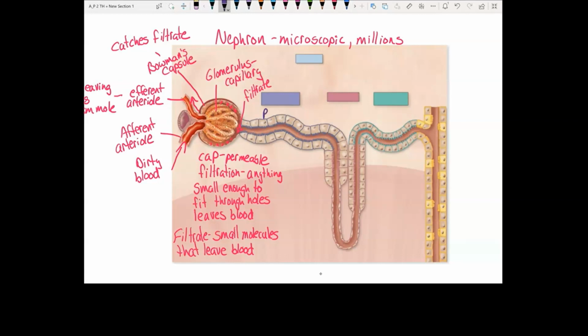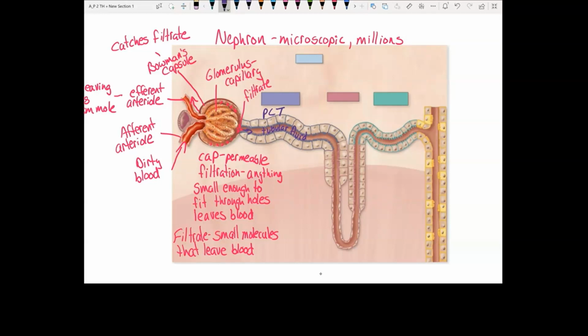So we'll just abbreviate this PCT. This stands for proximal convoluted tubule. The filtrate flows into here. And once it flows into here, it is now called tubular fluid. So it's the same molecules, we just changed the name of it.